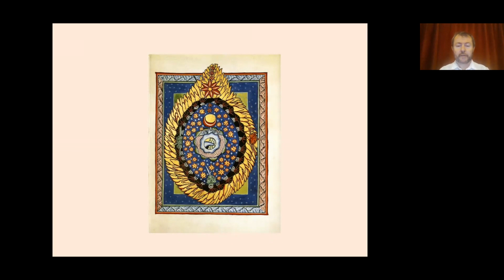Now, at the center of the diagram is the Earth. And then you have this ascent through the planetary spheres, much like what we were looking at last week. The moon is, of course, the lowest sphere, and then you have Mercury and Venus, and then the large red star is the sun, and then Mars, Jupiter, Saturn beyond that. And this is how Hildegard describes this particular vision that she had.